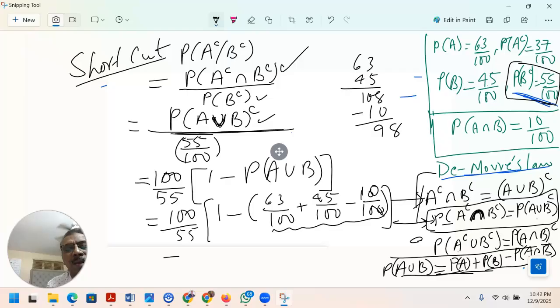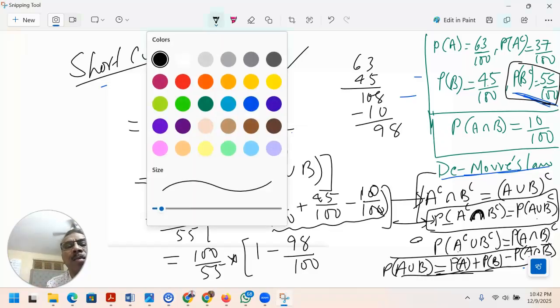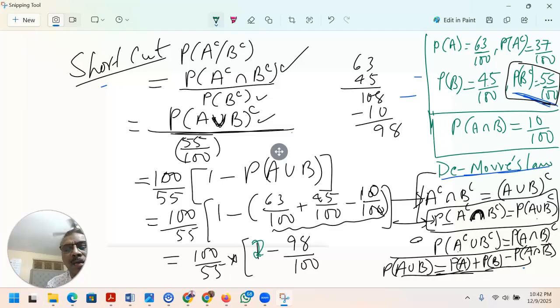So this whole thing becomes 100 over 55 times 1 minus 98 divided by 100. Then you multiply the numerator and denominator, sorry, there was a 1, so I multiply by 100 and divide by 100.